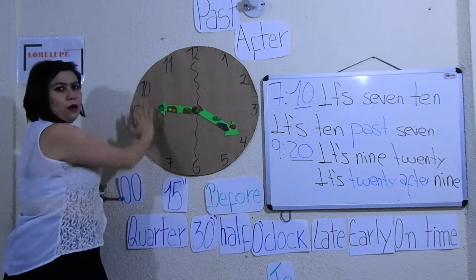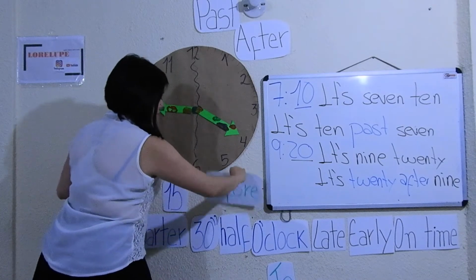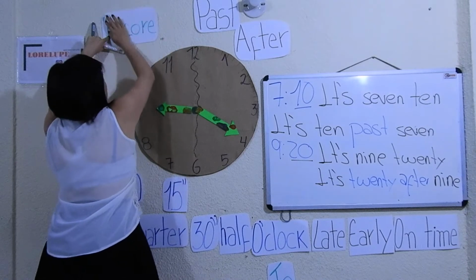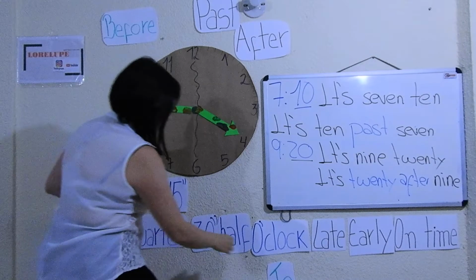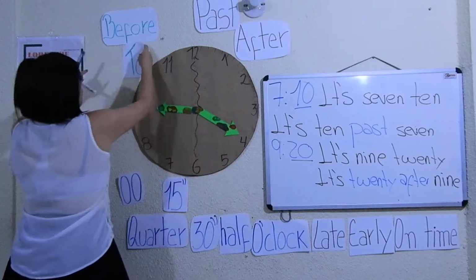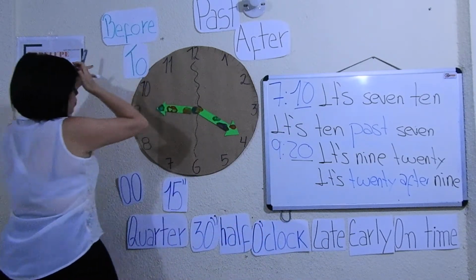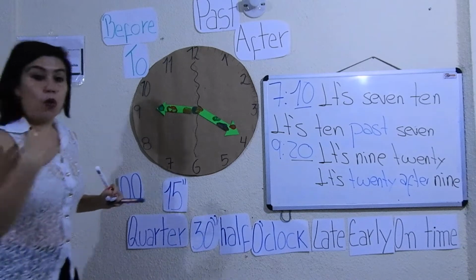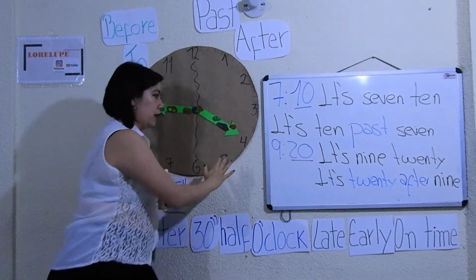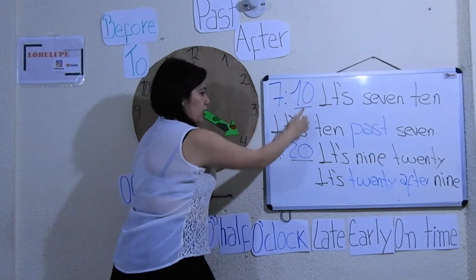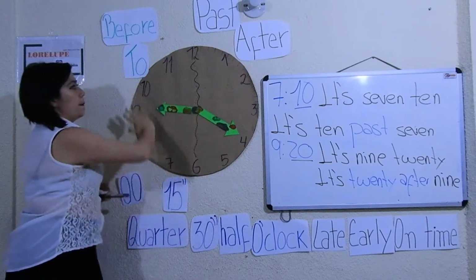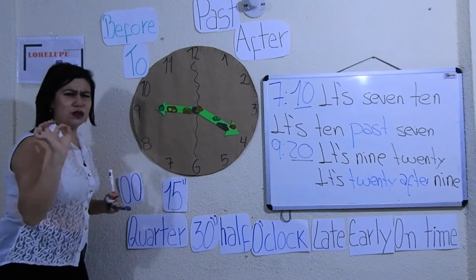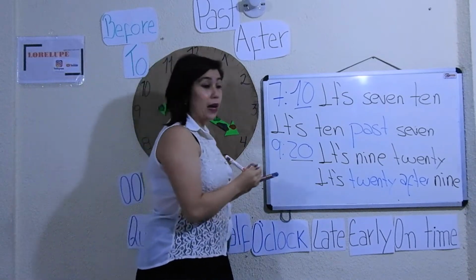Now, what about this part? What about this half? We have the word before and we have the word to. Well, when we mention this half, we are using past and after. But in this part, the situation is quite different. And I'm going to show you.